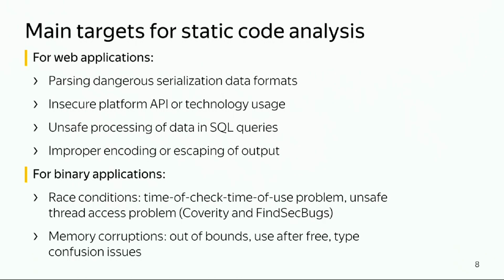If you parse an XML file in your web application in an unsafe way, you could get an XXE vulnerability, and it's very easy to find such issues using SAST, because you can see that your code uses an unsafe XML parser. Also, there are several insecure platform usages. For example, in web development and Android applications, you could use an insecure random for generating a cryptographic key or something like that.